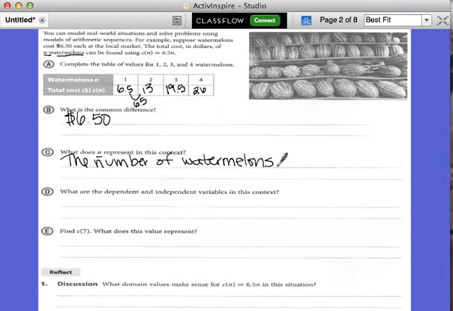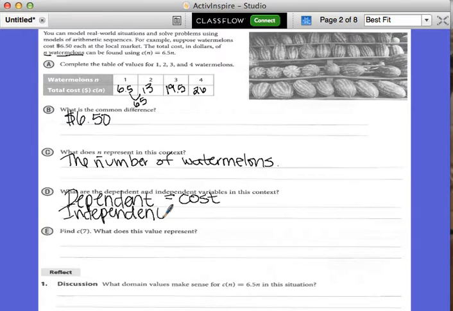So in this case, the dependent variable is the cost, and the independent variable is the number of watermelons. Right? The other way you can look at this, you know that your output is always your dependent variable and your input is always your independent variable.